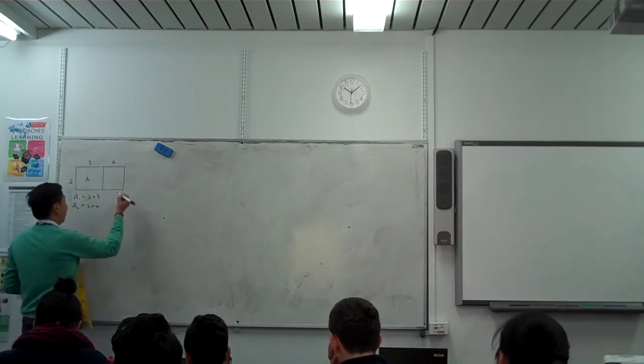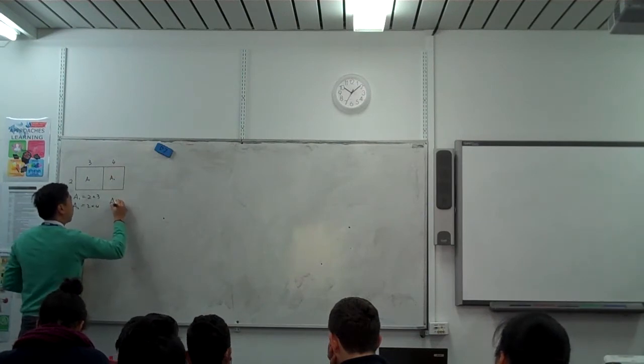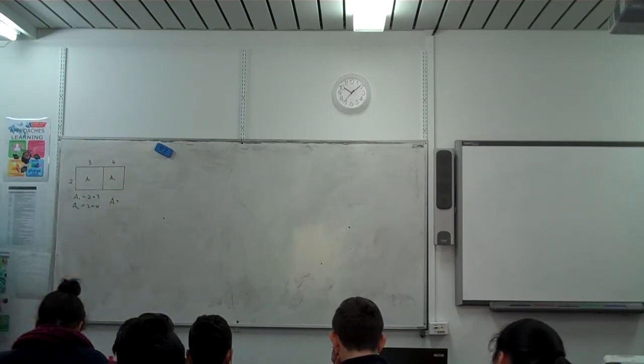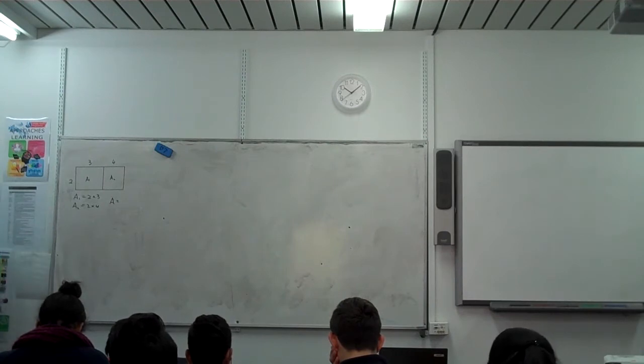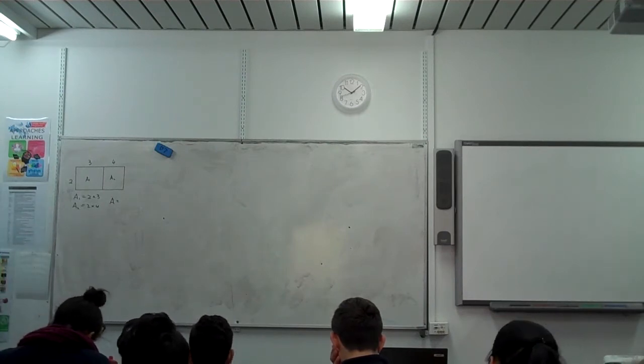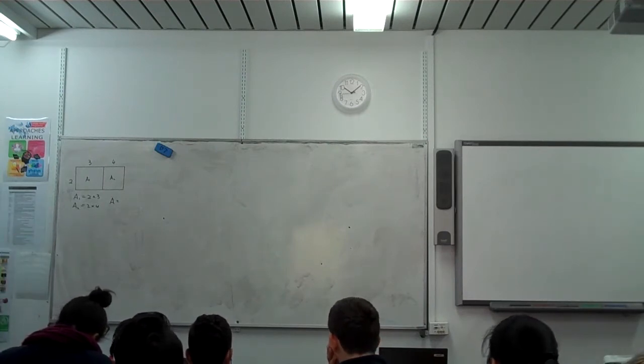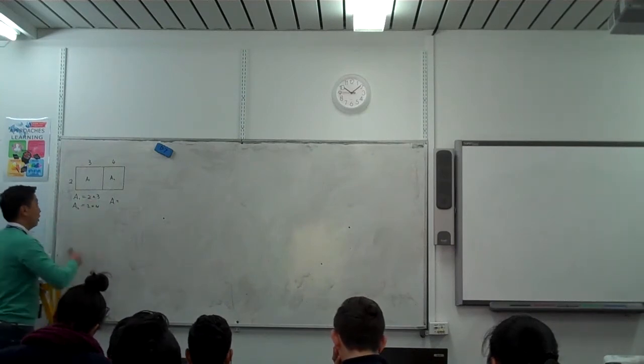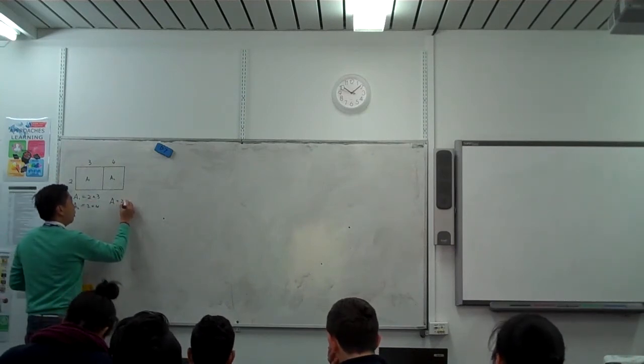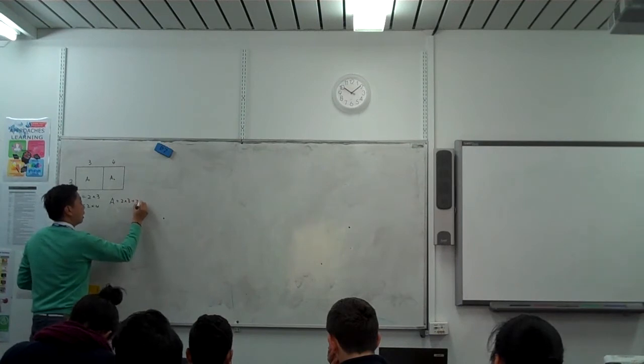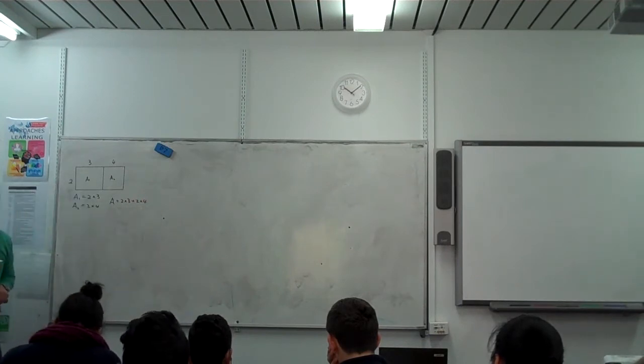Now, if I say this is A, the whole area, how can I calculate the whole area? A1 plus A2, very good. Alright, can I say 2 times 3 plus 2 times 4? Is that correct? Okay?